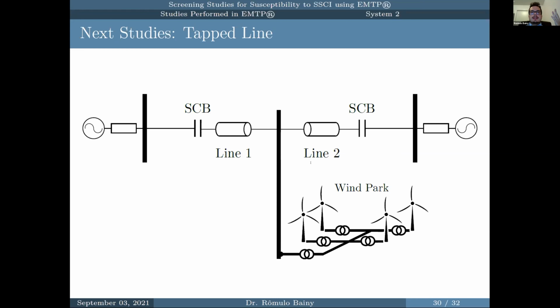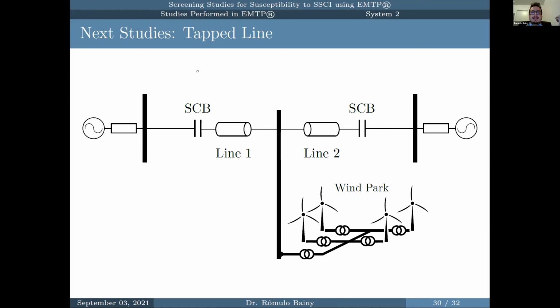And we are studying these SSCI events and looking at these different systems, connections, and situations that we have. And in this working group of IEEE, we are still performing more studies. So I just showed you some preliminary studies that we had and our experience using EMTP as a tool for that. And some other studies that we want to perform here.